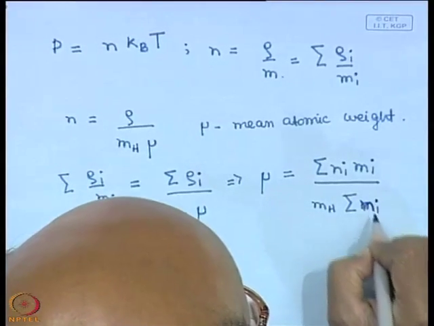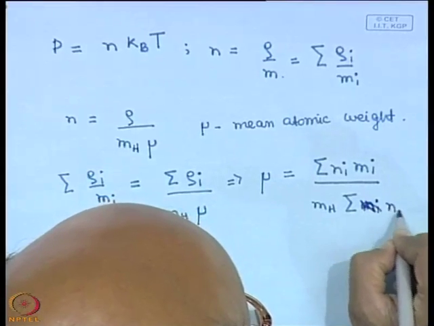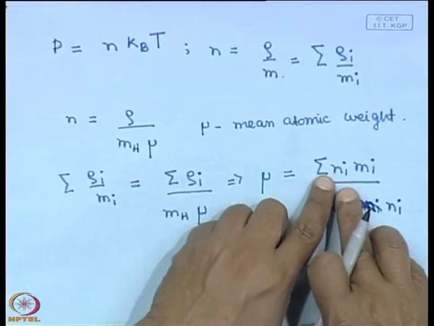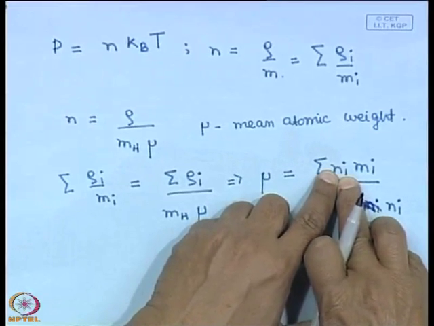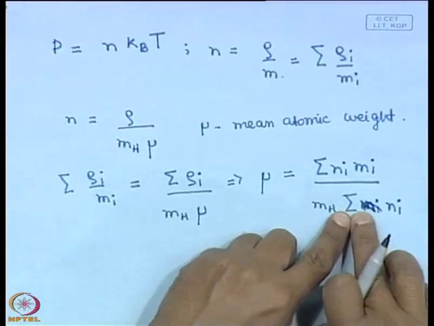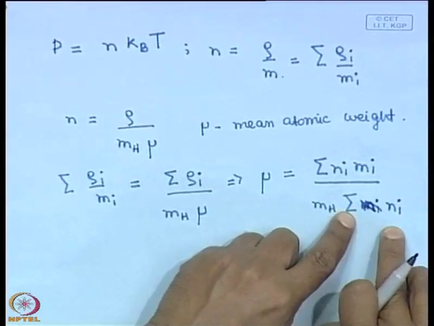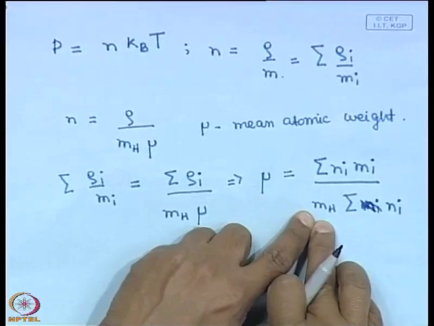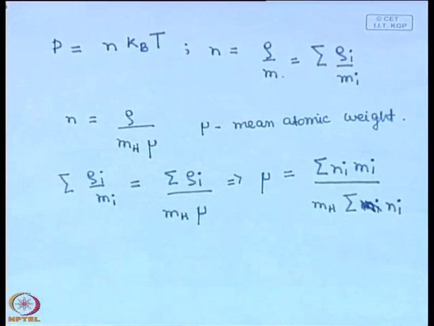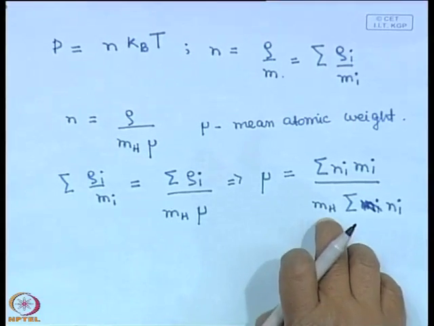So, it is essentially the number density of each species into the mass of each species divided by the sum of the number densities of all the species into the mass of the hydrogen atom. That is what you mean by the mean atomic weight, right, in units of the mass of the hydrogen atom.